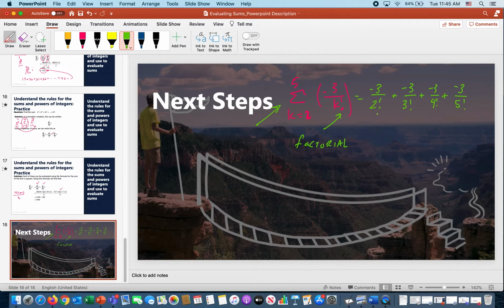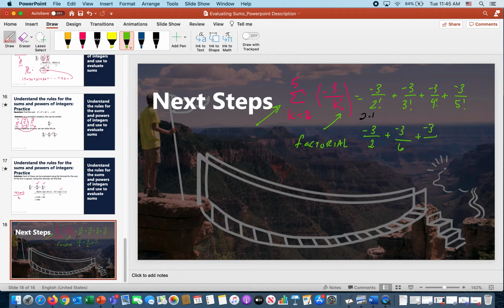And then I'm going to go in and say, well, -3 over 2 factorial. Well, 2 factorial is simply 2 times 1, or 2. Plus -3 over 3 times 2 times 1. Well, that's 6. Plus -3 over 4 times 3 times 2 times 1.